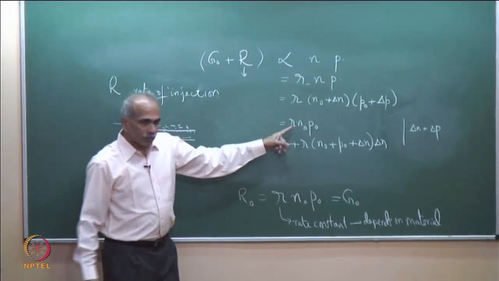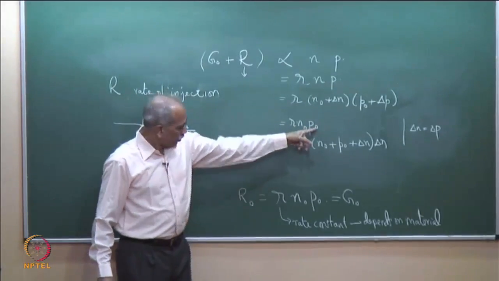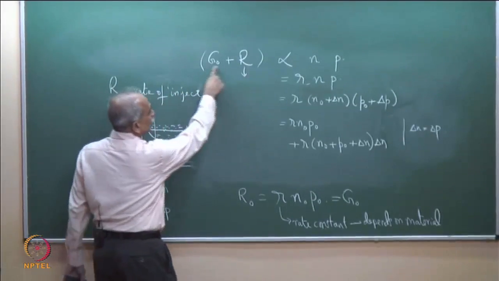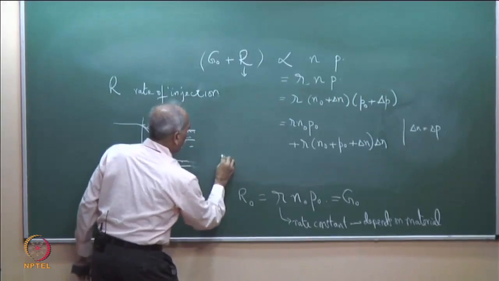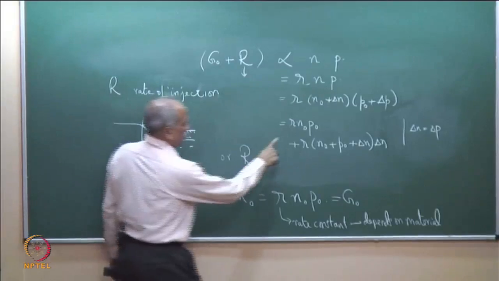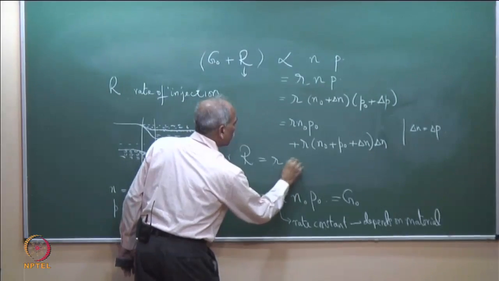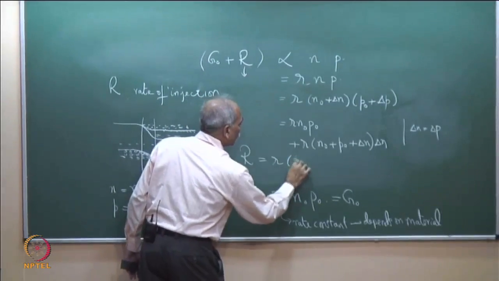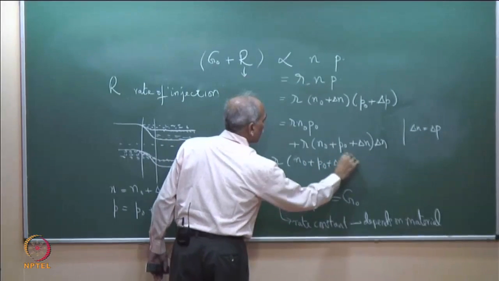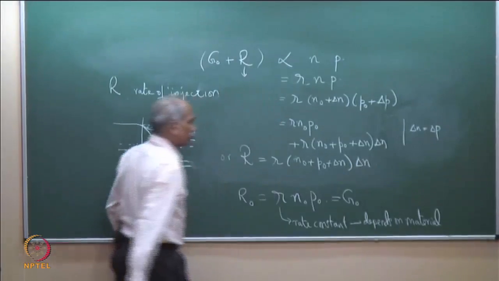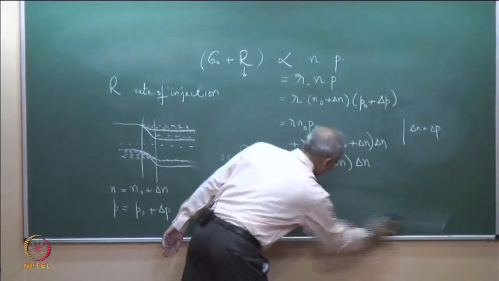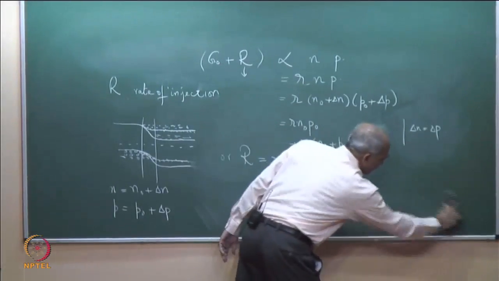What is the first term? R N0 P0. R N0 P0 is nothing but G0. Therefore, G0 plus R is equal to this, or R, the rate of injection, is related to this: R into N0 plus P0 plus delta N into delta N. What is the unit of delta N?